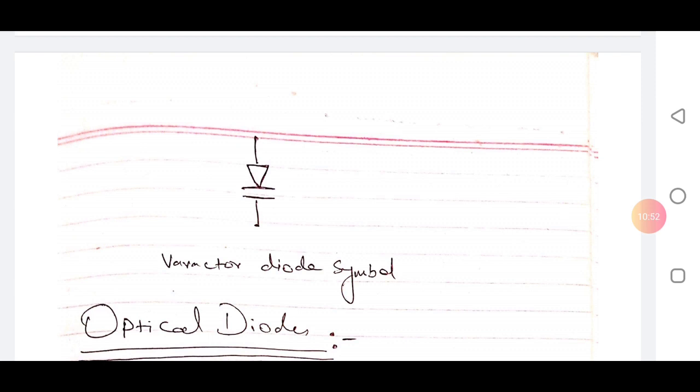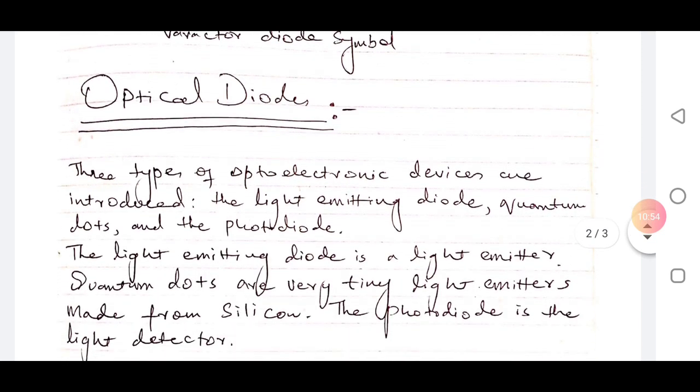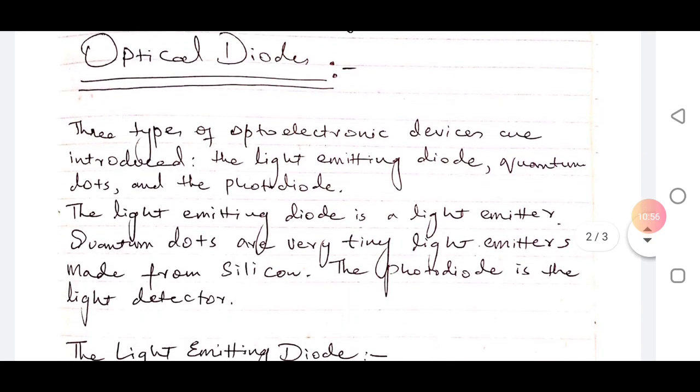Now the next heading is optical diodes. Three types of optoelectronic devices are introduced: the light emitting diode, quantum dots, and the photodiode.